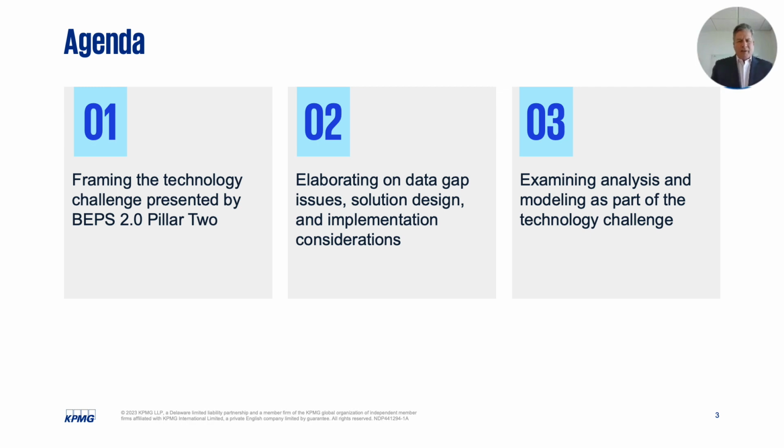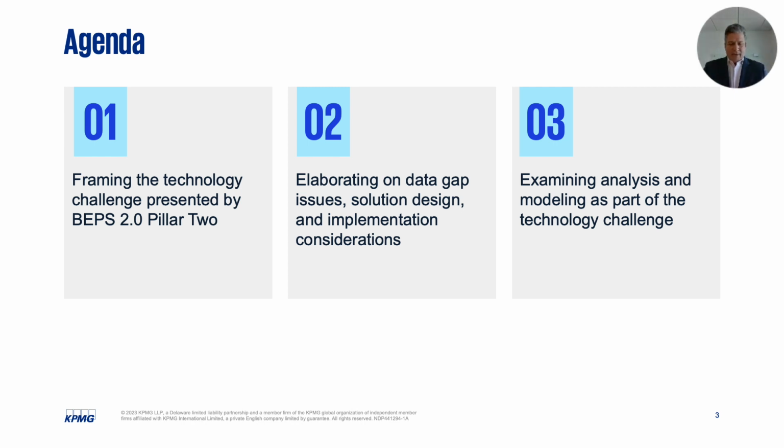So what we'd like to start with is the fact that there's an impending reality that Pillar 2, the implementation, is upon us right now. There are a number of potential effects on multinational companies and how they pull together their data associated with Pillar 2.